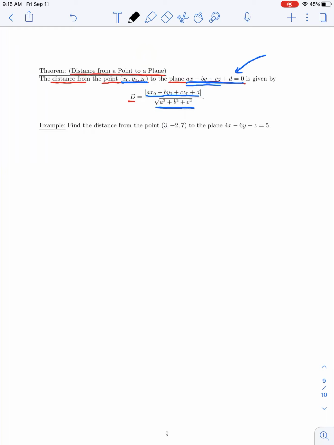So for these types of problems, we might want to always move all of our expressions to one side of the equation. If I subtract 5 from both sides, then I have the equation of the plane written in the form that's given in that theorem. So let's see if we can find this.